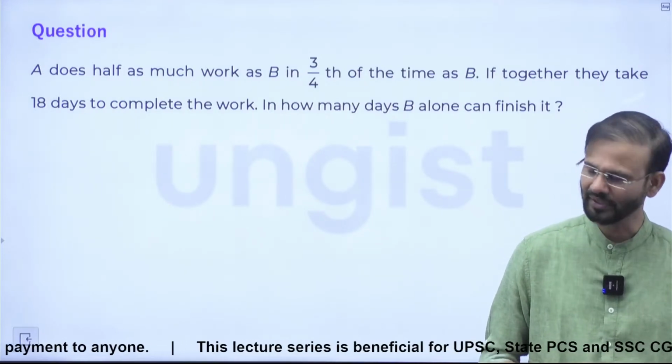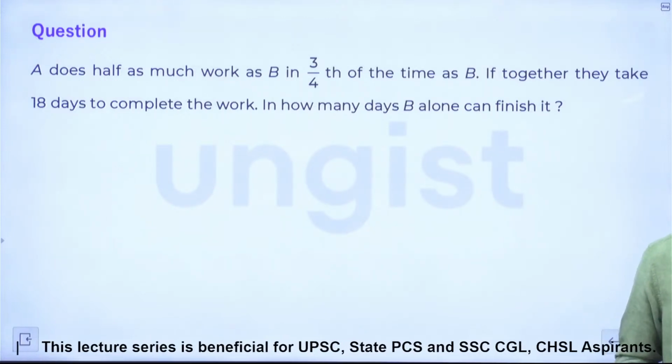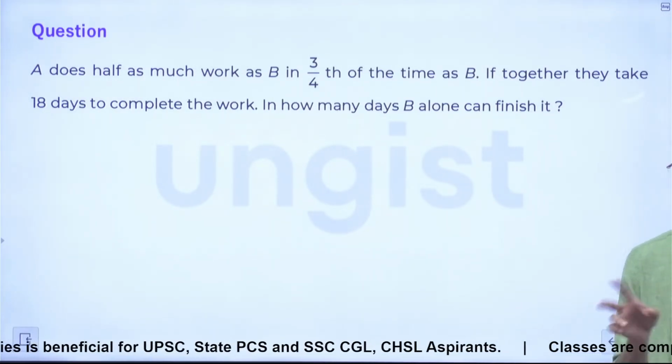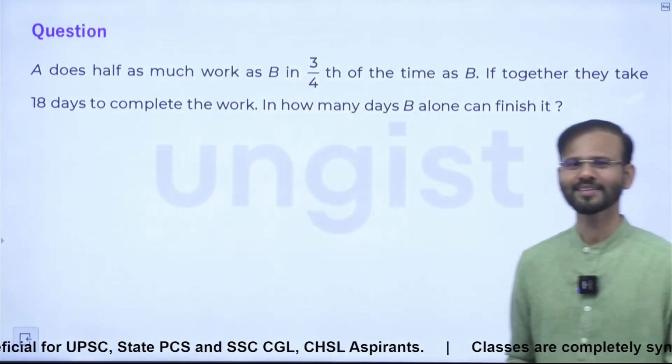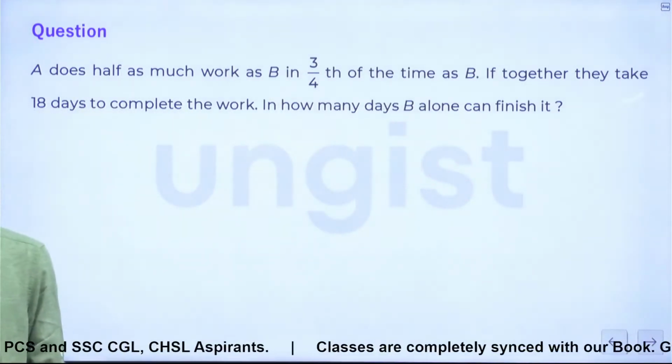45 and 30? Okay. Guys, I'm getting one answer as 45 and 30. Can you confirm this answer? Yes, sir. B 30, A 45. Okay. ठीक है, एक बार कंफर्म कर लीजिए सभी लोग.